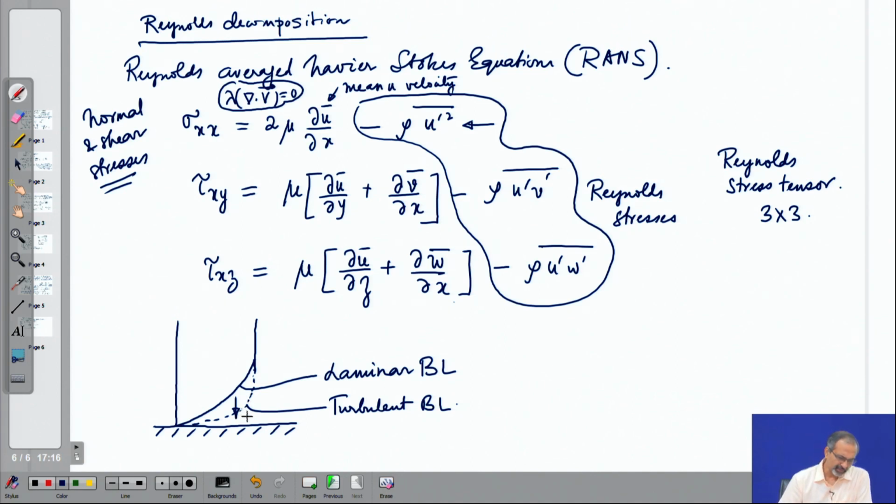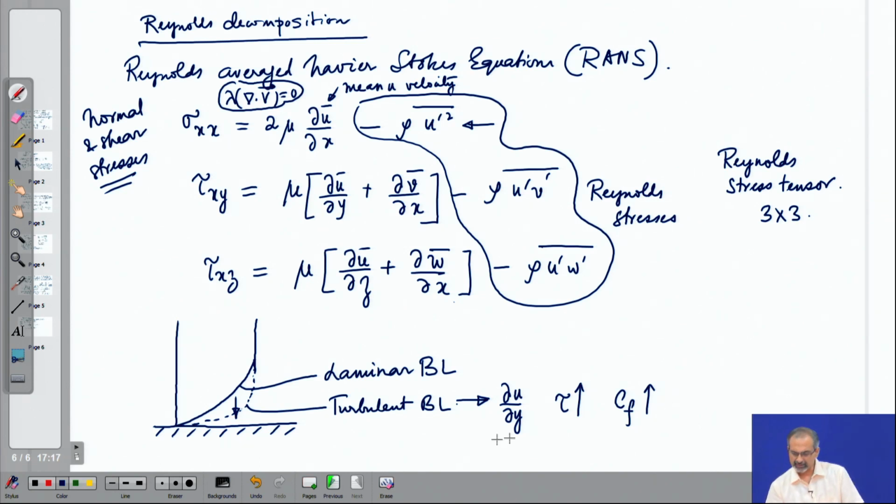What is the consequence of this? The consequence is that this turbulent boundary layer will have two features. One is that the stresses within it will be higher. Why? Because the moment the gradient del u del y becomes larger, automatically it will mean that tau will increase, which means there will be higher skin friction produced by a turbulent boundary layer.